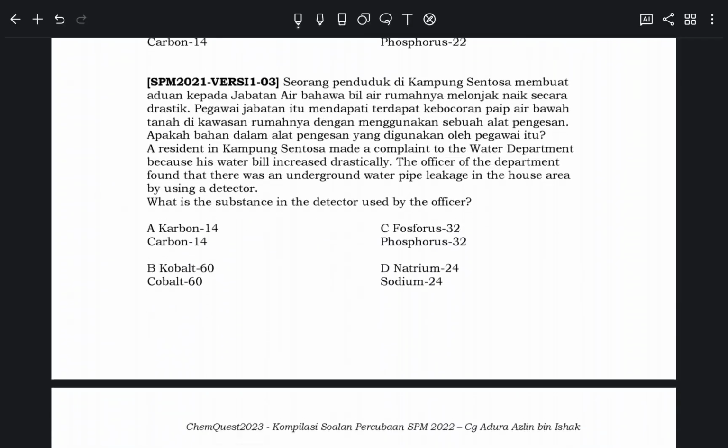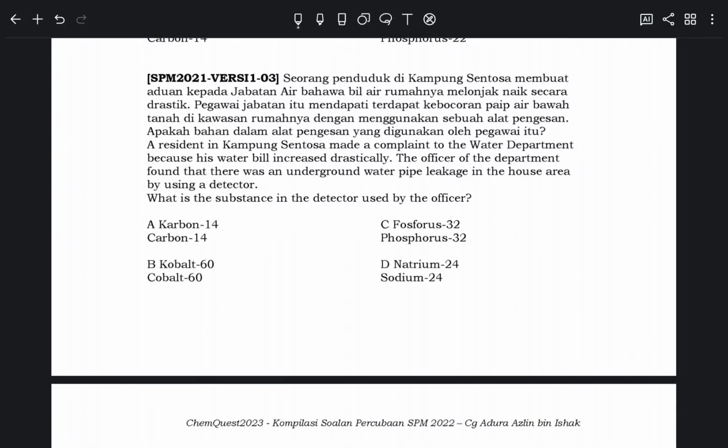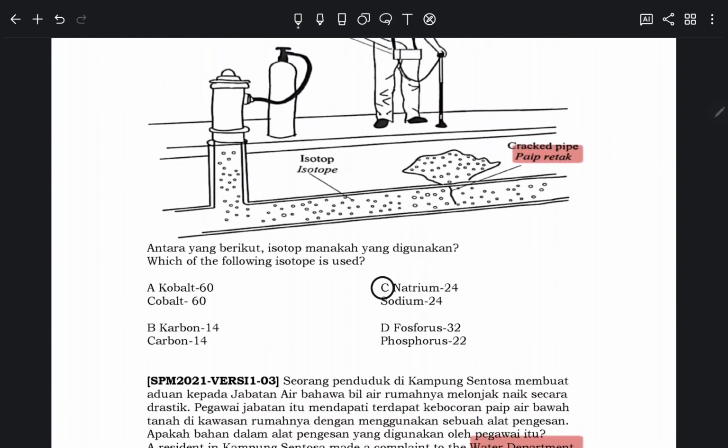Okay, then the next question is a resident in Kampong Sentosa made a complaint to the water department. Highlight water department. Because the water bill increased drastically, the officer of the department found that there was an underground water pipe leakage. Which substance should they use in the detector? For sure the detector is this Geiger Muller tube.